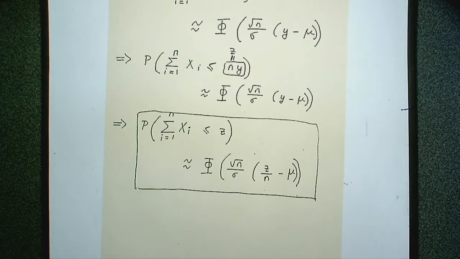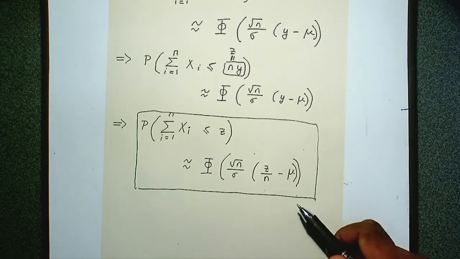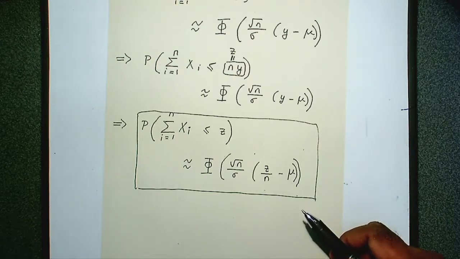The result over here can be used to compute this probability that x is between 100 and 200. I don't think I have the time for that. I will talk about the use of this result when I see you guys next week on Tuesday.